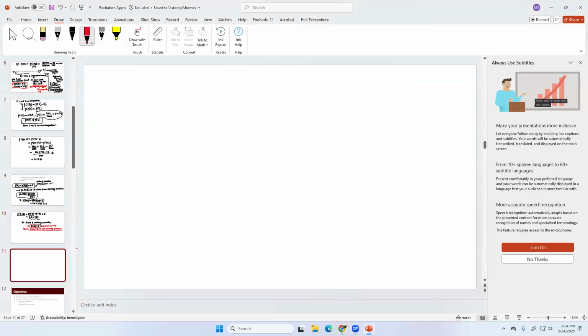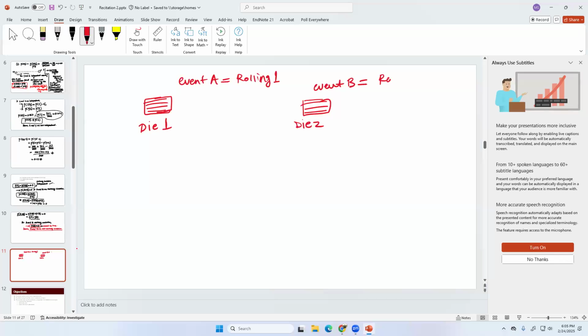So this is your first die, and then your event, let me call it A, is rolling 1 out of 6, 1, 3, 4, 5, 6, and this is Event B, this is die 1, this is the dice 2, so rolling 1 again.